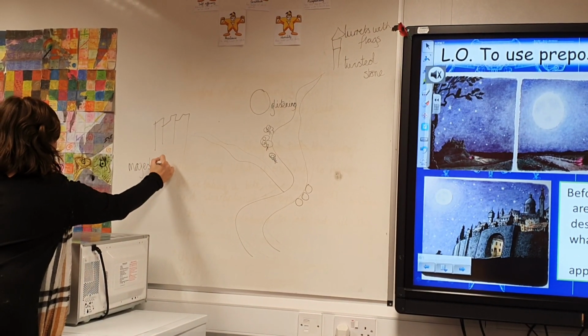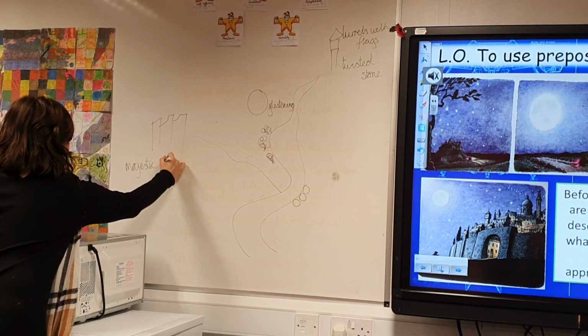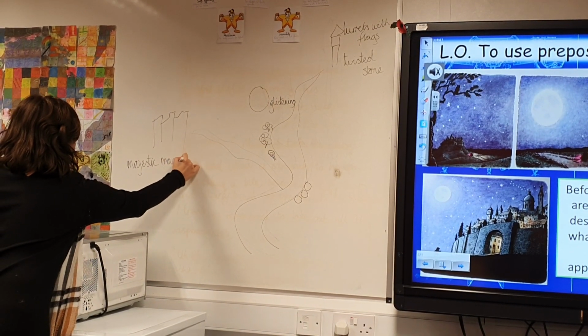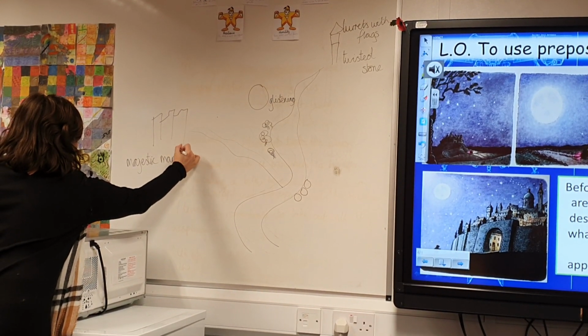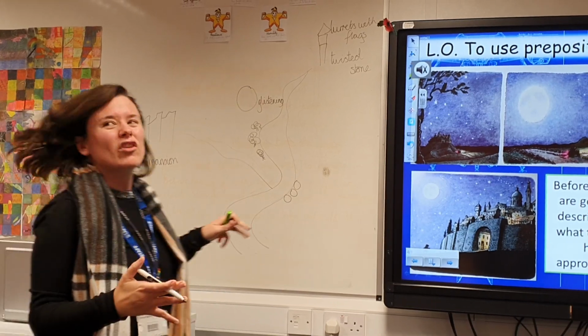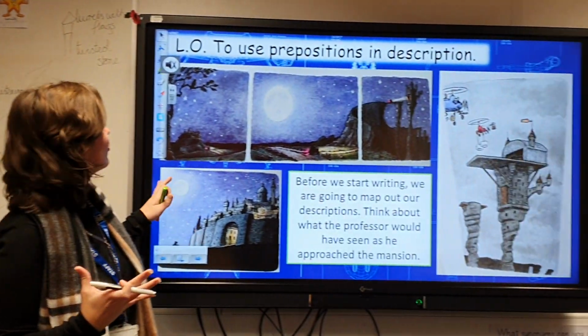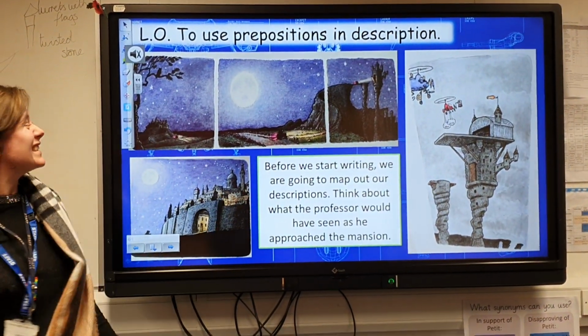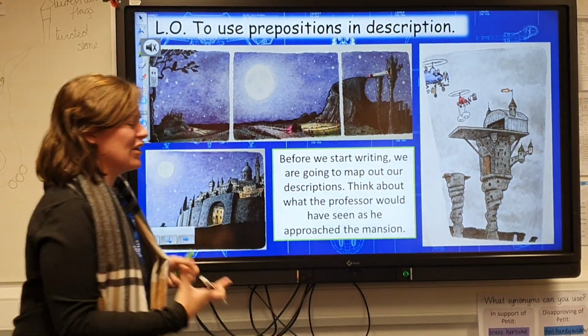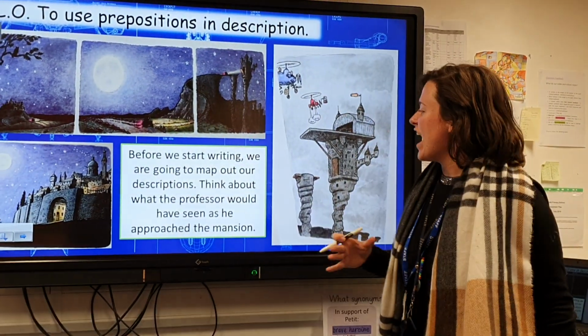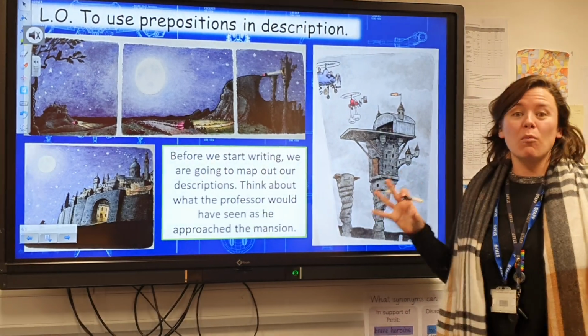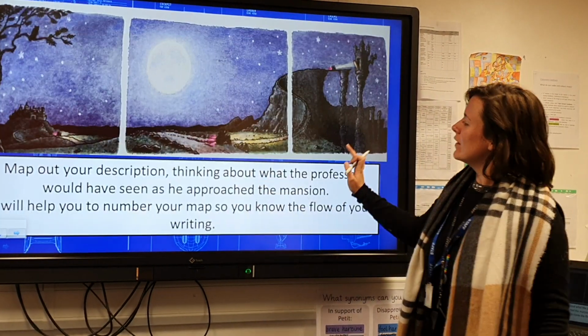Majestic mansion. Okay, so here I've got my adjectives to describe the things as he sees them. And what I want to now think about is the prepositions, where they are. I know you're going to come up with a lot more creative ideas than I can.